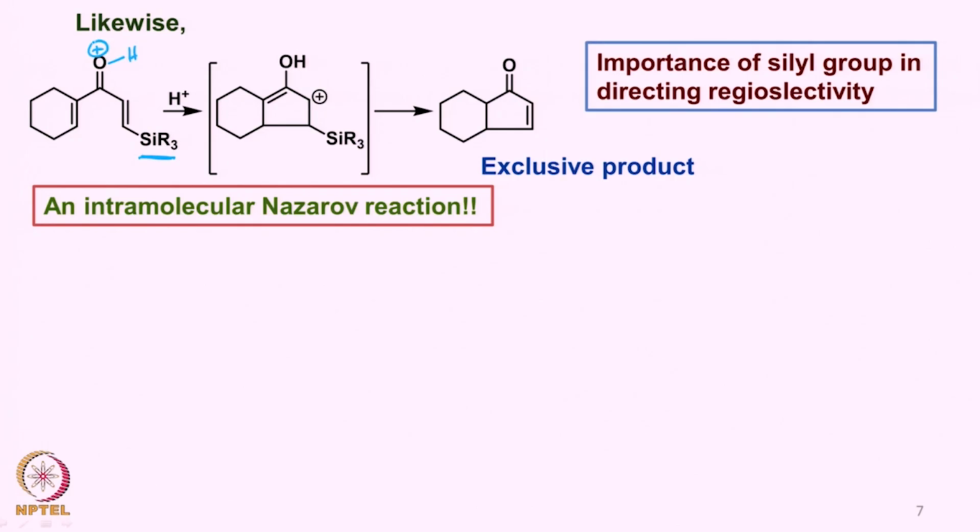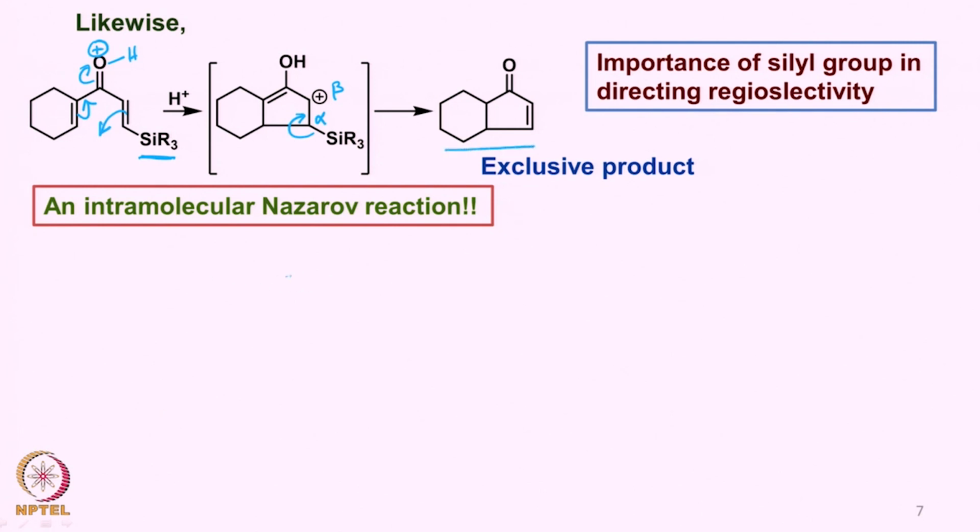Now this particular positive charge can allow the double bond to move in this fashion, as one would expect, that allows the formation of the positive charge. Once the double bond moves, then you get this particular intermediate. Now this is a beta and this is the alpha, and now the neutralization of the positive charge occurs, and you get this as the exclusive product.